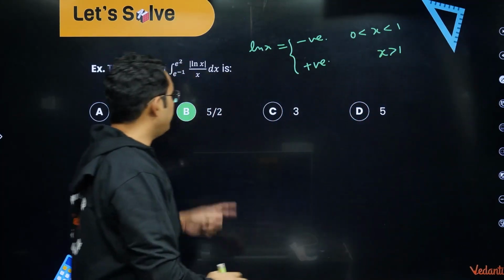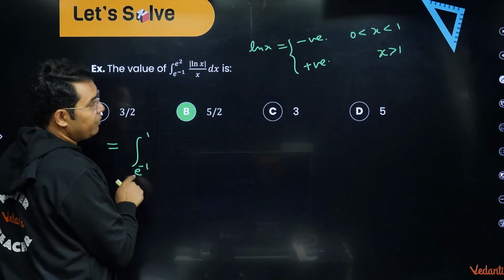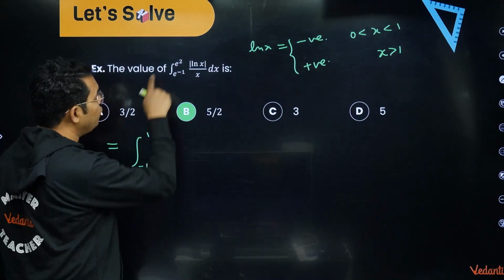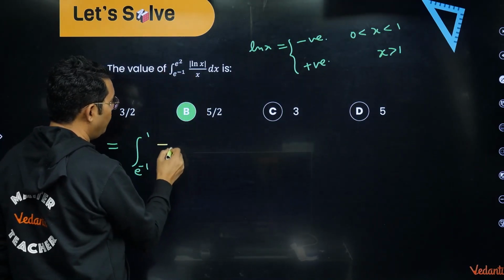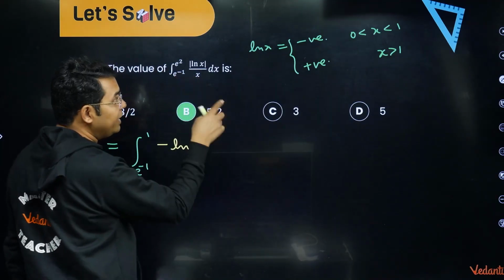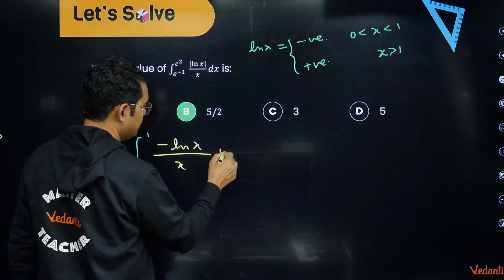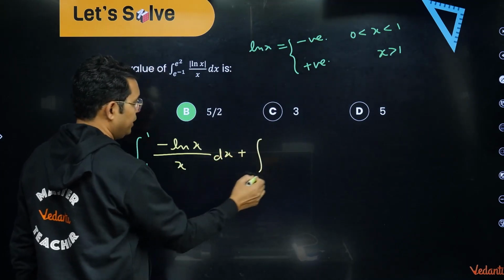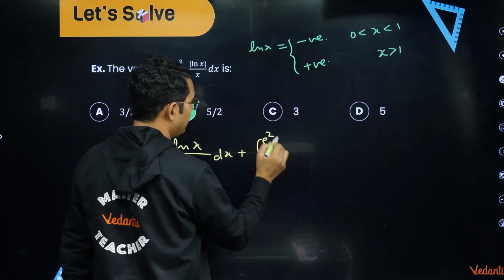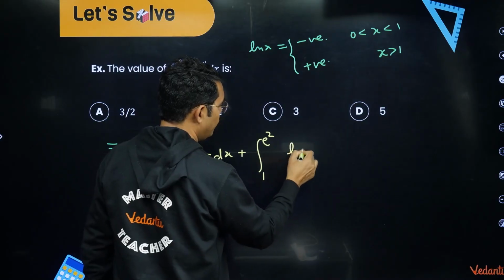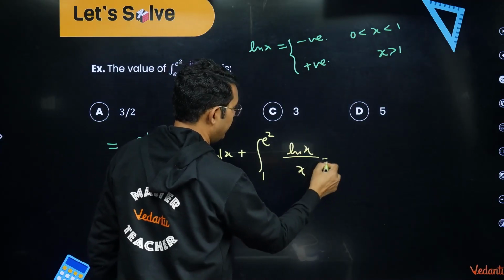So if we keep that in mind, for e power minus 1, which is less than 1, to 1, mod ln x will be opened with minus sign because it is negative, upon x dx, plus then 1 to e square, it will be ln x because now it is positive, upon x dx.